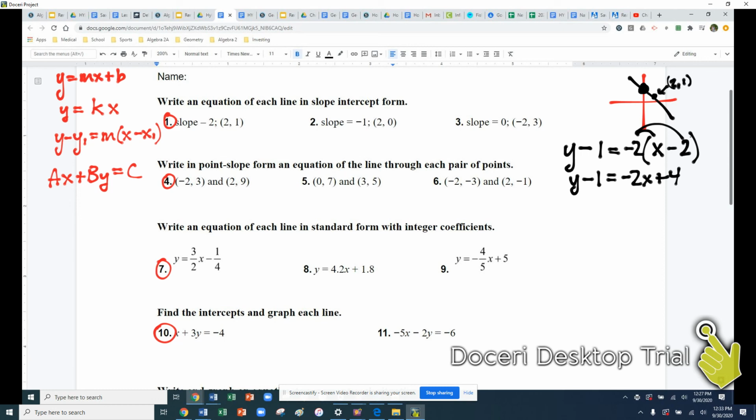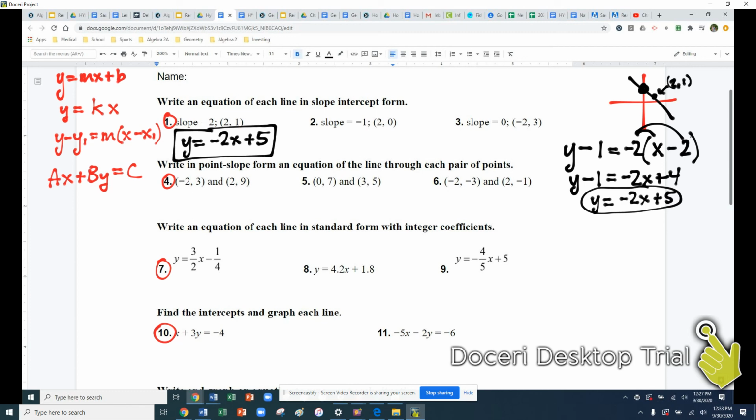Now we just have the y to get alone. Well, y is being subtracted by 1, so we'll add 1 over. How's that looking now? Now we're back into slope-intercept form. So slope-intercept form for number 1 is going to be y = -2x + 5.